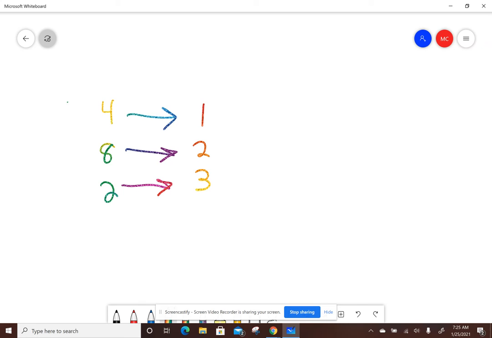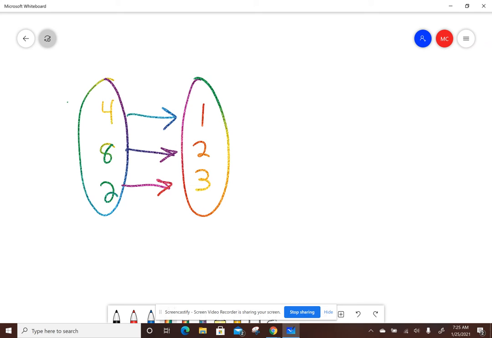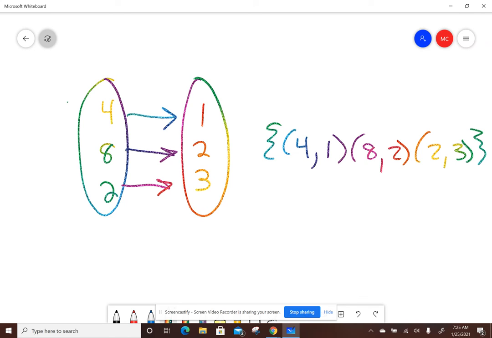So this is a function. So how could I write this function as a set of ordered pairs? They don't ask you to, but let's just go over that. I could write it as (4, 1), (8, 2), (2, 3). These represent the same thing. Notice none of the x's repeat, so this is a function.